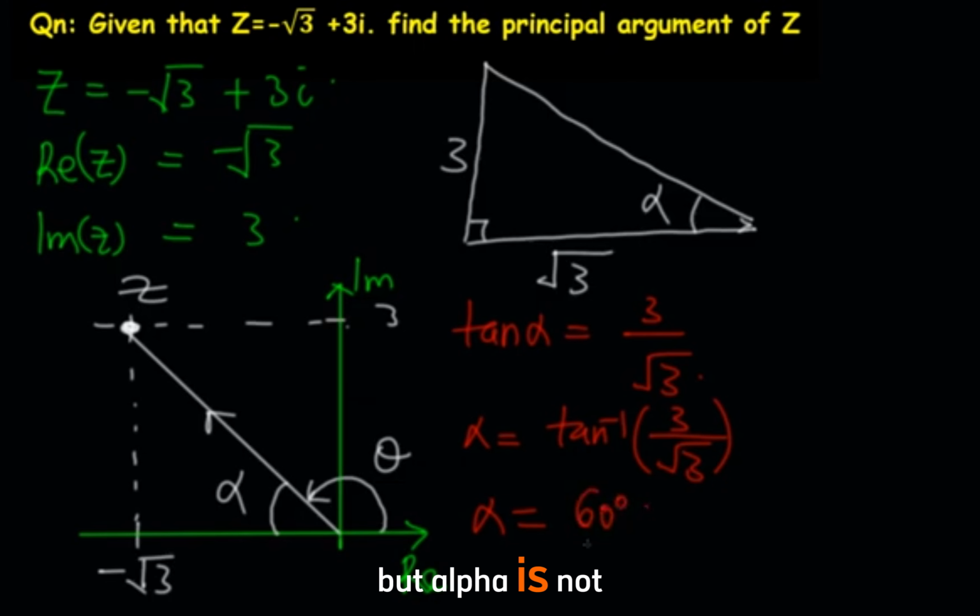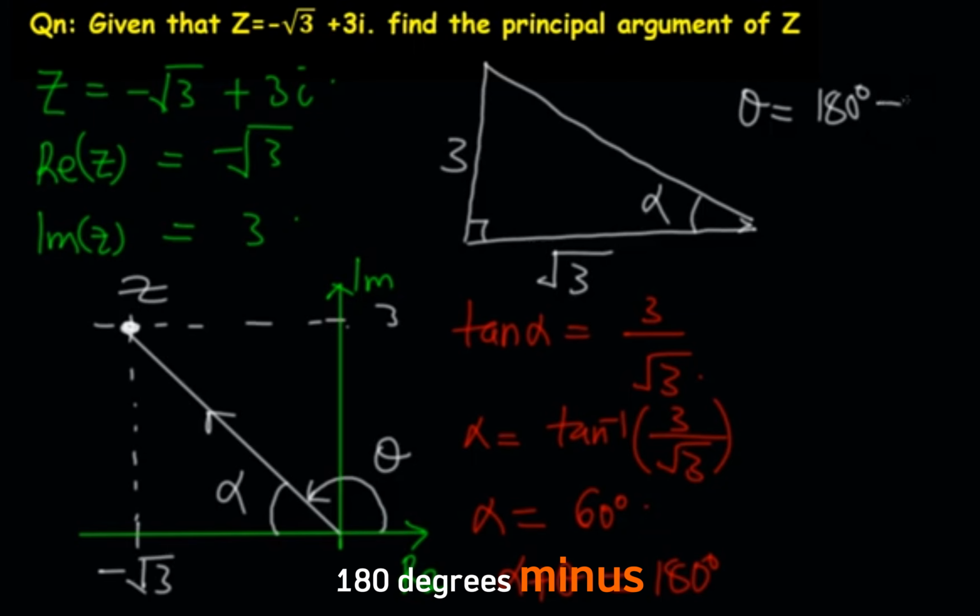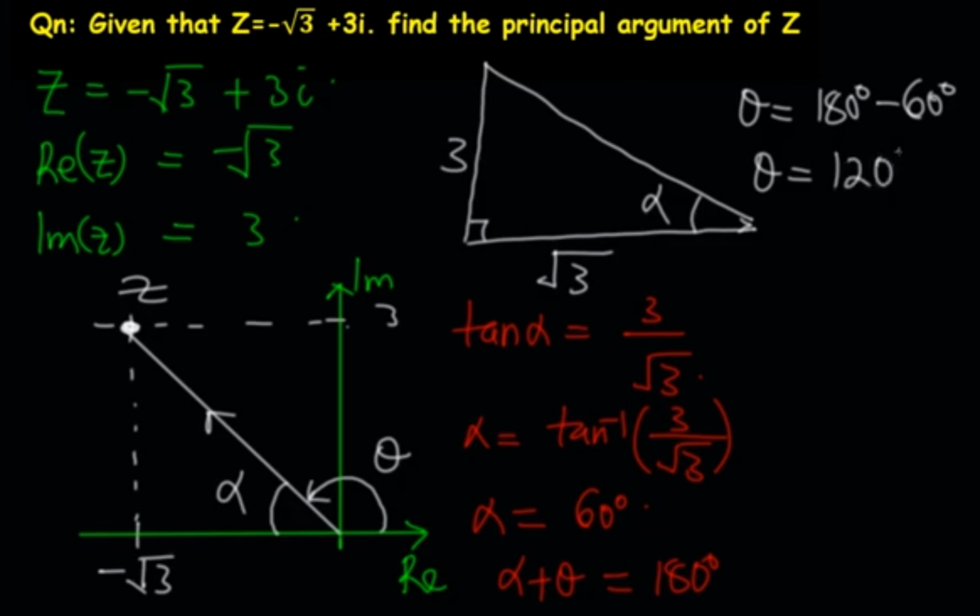But alpha is not our argument. So we are going to say alpha plus theta is equal to 180 degrees. Reason: alpha and theta are angles on a straight line. Therefore, theta is going to be equal to 180 degrees minus 60 degrees. So theta is equal to 120 degrees.